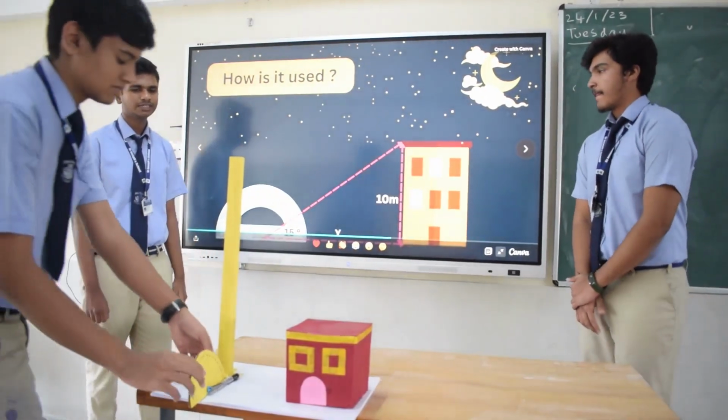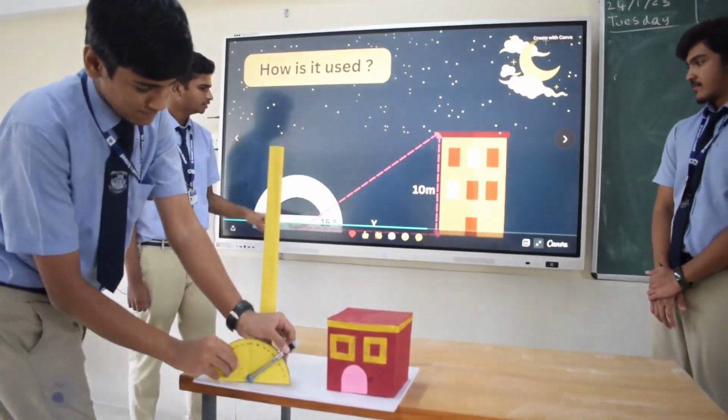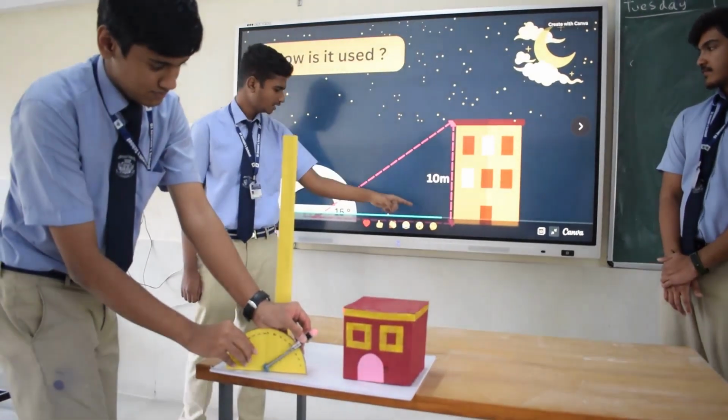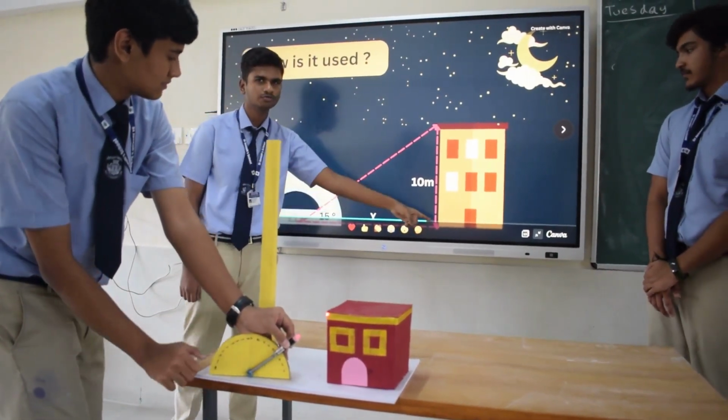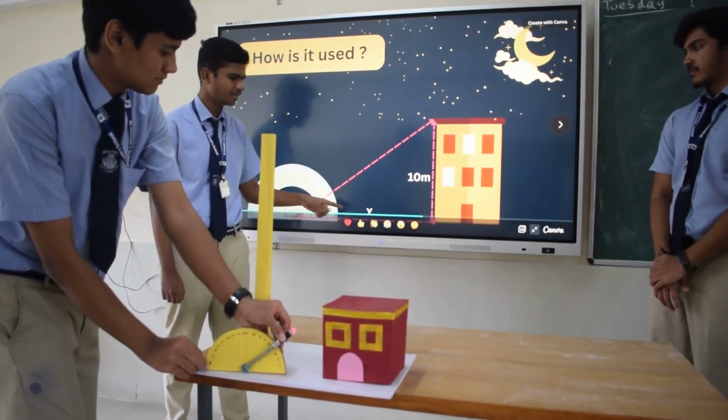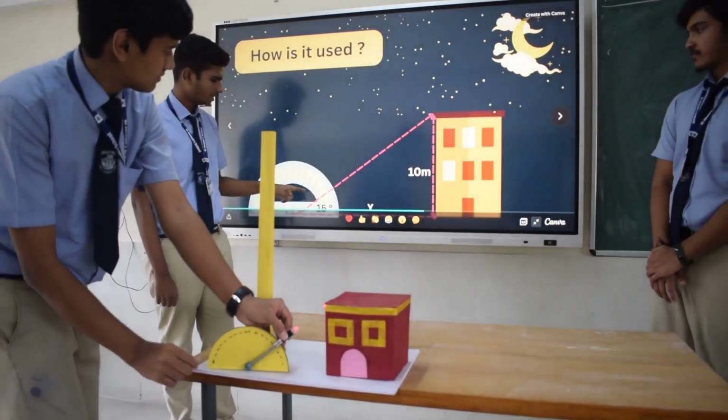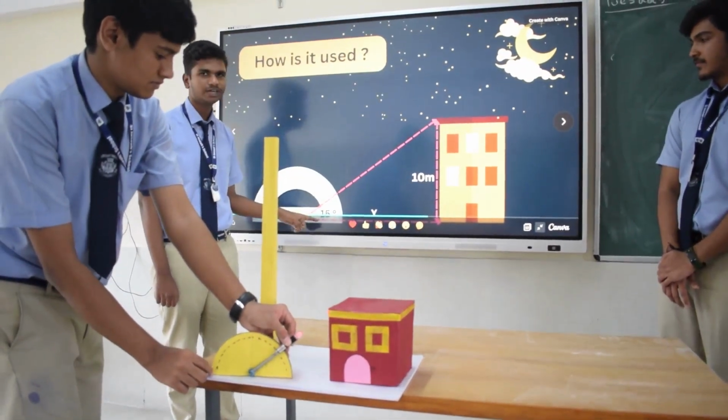Now we come to the second situation, where the height of the building is known and the angle is known. We have to find the distance between the observer and the foot of the building. Let's name it as y, and the angle of inclination is 15 degrees.